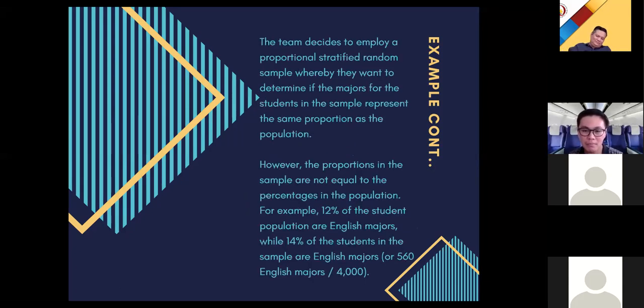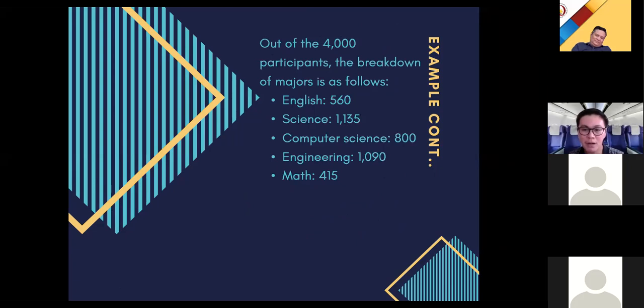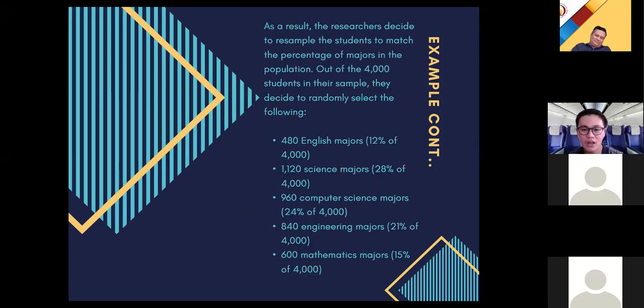So from 800 computer science majors, it became 960 computer science majors, which is 24% of the 4,000. So 960 divided by 4,000 is 0.24 times 100, which is 24%.